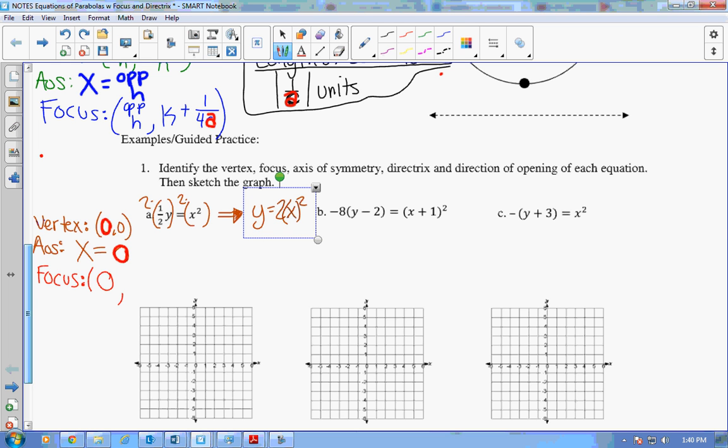And we find that by k plus 1 over 4a. K was our, well, it's the vertical shift. What was k? 0 plus 1 over 4 times what was a? 2.